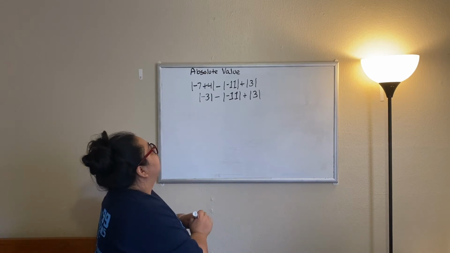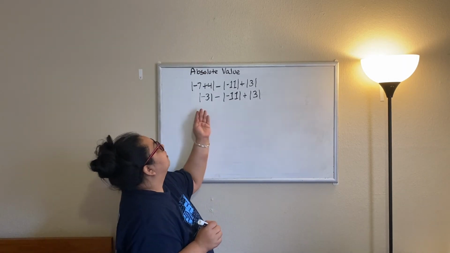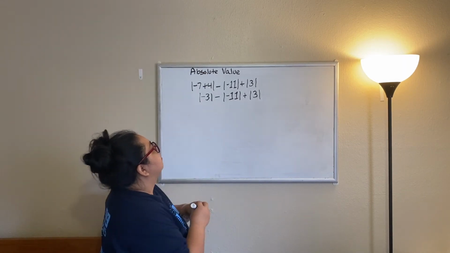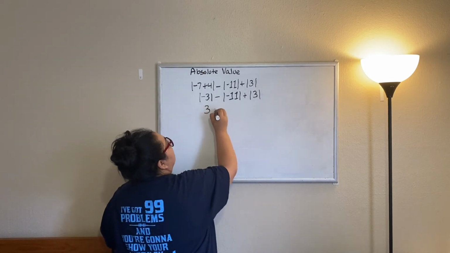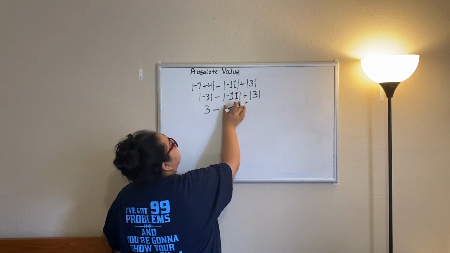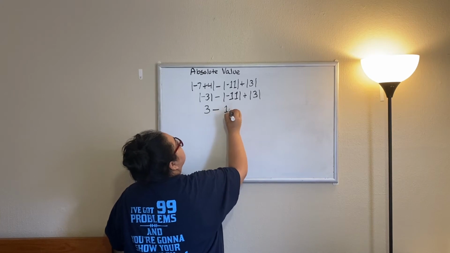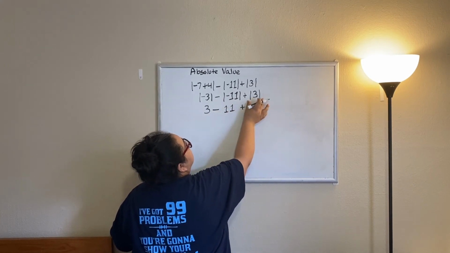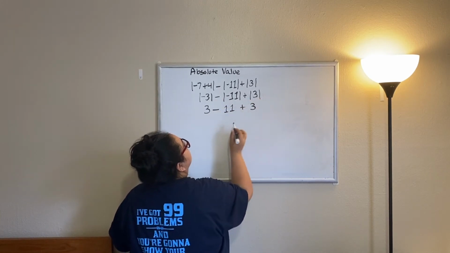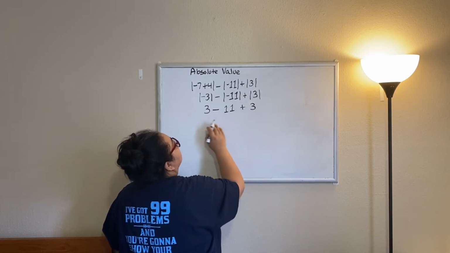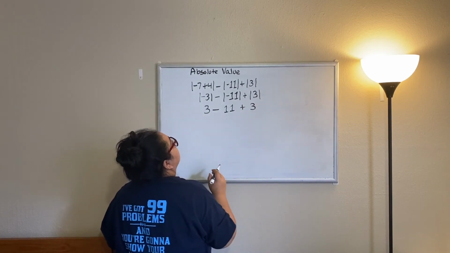So now we need to simplify each of these absolute values. The distance -3 is from 0 is 3. Bring down the minus sign. The distance -11 is from 0 is 11. Plus the distance 3 is from 0 is 3. So we get 3 minus 11 plus 3, and then we simplify going left to right.